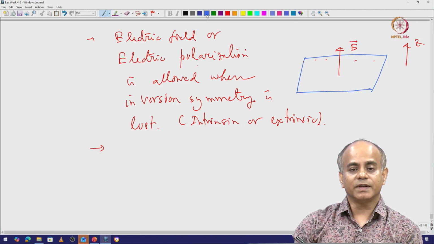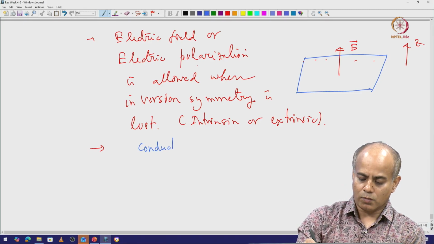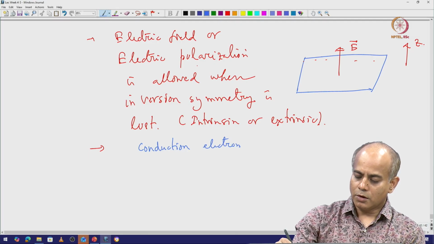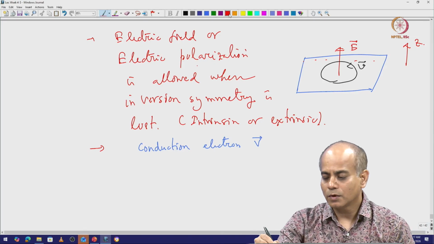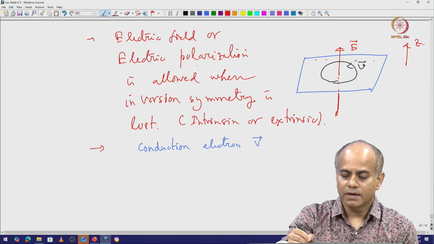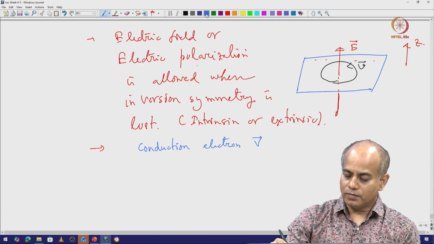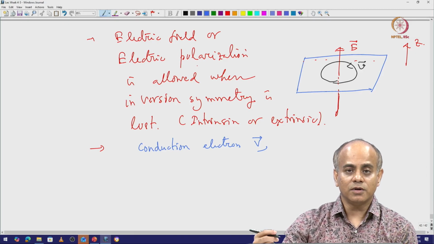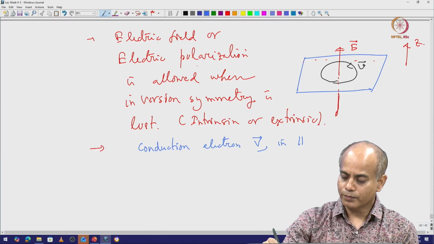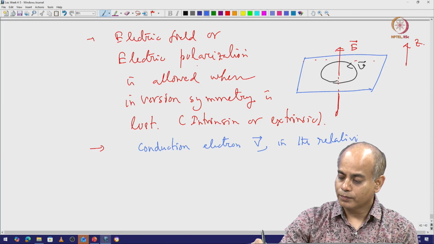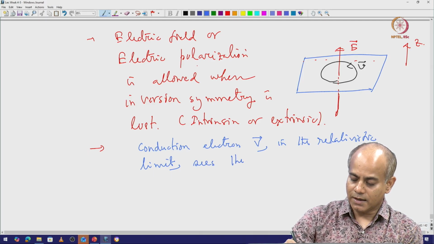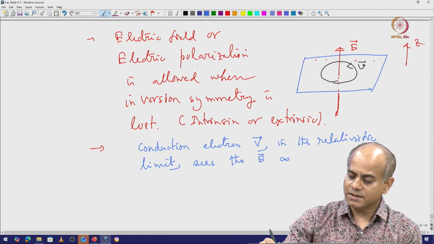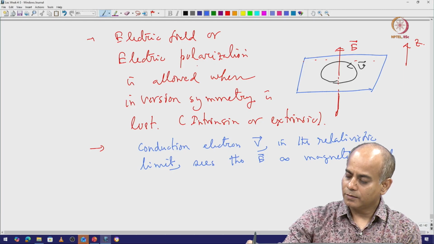If I have an electric field in a material and a conduction electron of velocity v, let us say it is moving like this with velocity v, so in the moving frame of reference of the electron, in the relativistic limit, so moving very fast, it sees the electric field as a magnetic field.